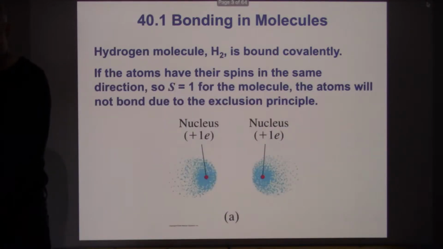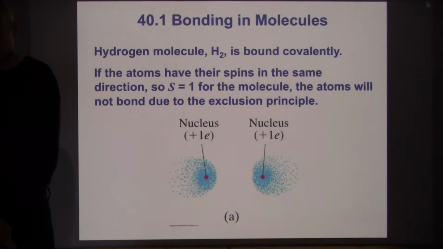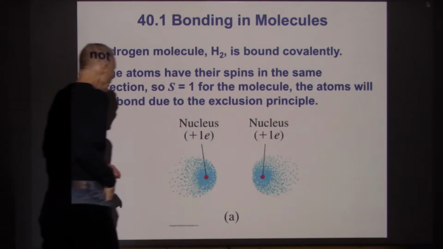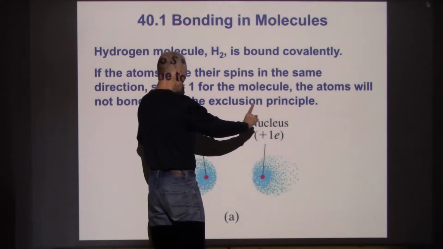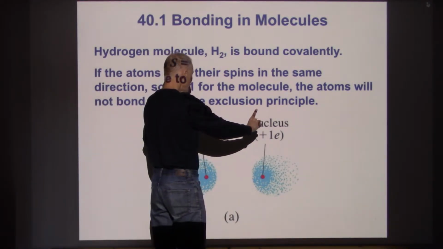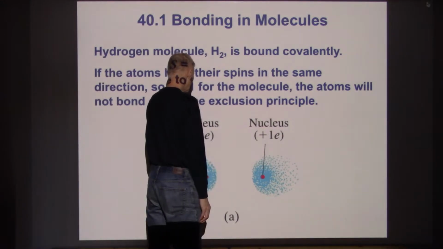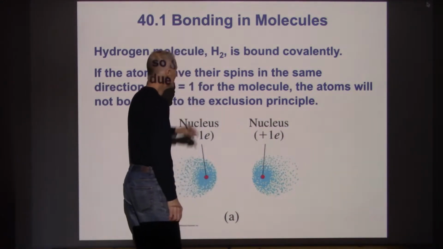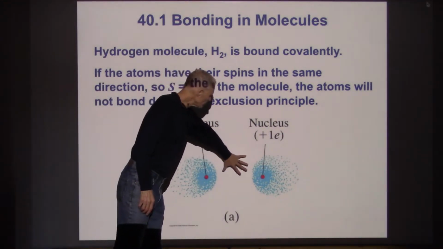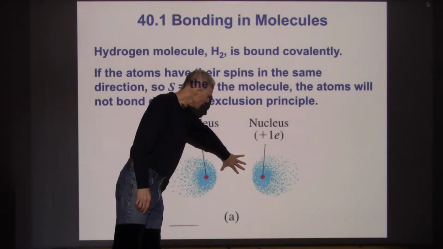Now what they're claiming is that this is where the spins are in the same direction. So if I have two spin-up electrons, they're really not going to form into any kind of bond. It's funny that they describe this in terms of spins. I don't think we need to necessarily go there.